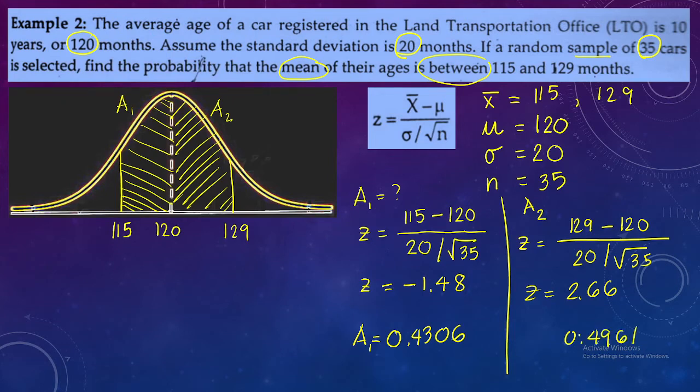0.4961. So what are you going to do with area 1 and area 2 again to solve the area between the two ages? Add, sir. You add. So how much is 0.4306 plus 0.4961?